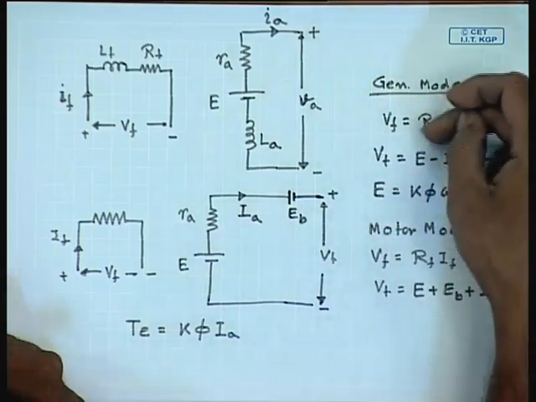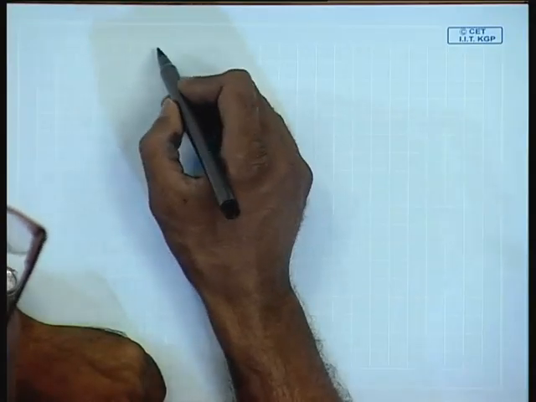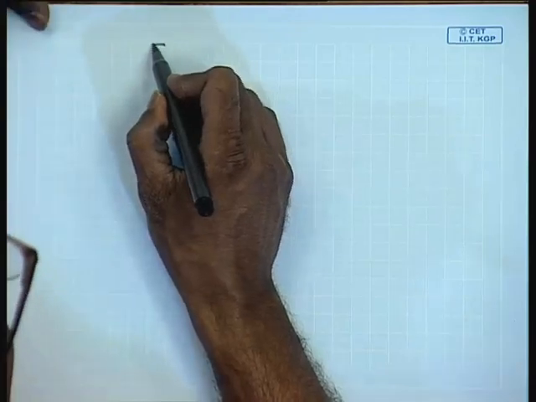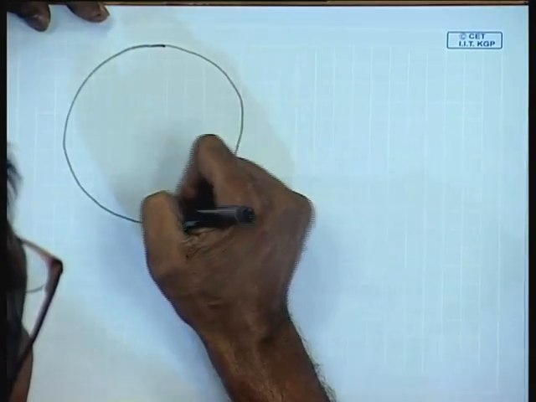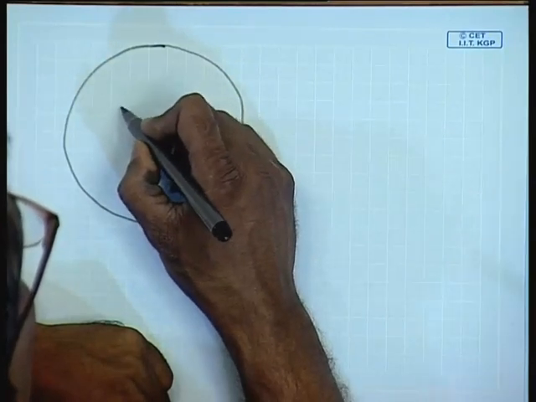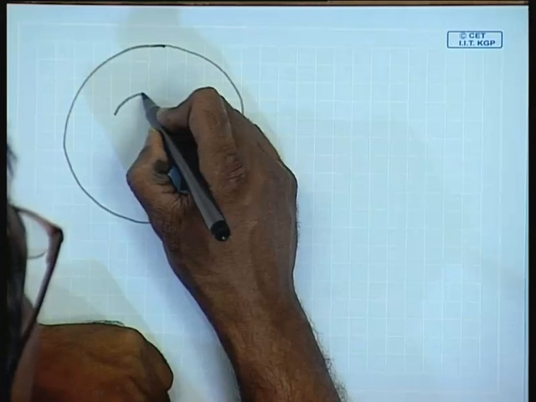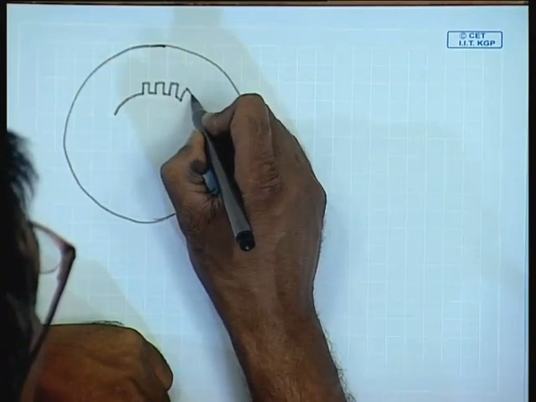Now, we can see that these are simple linear algebraic equations except the relationship between IF and phi f. This relationship is not normally linear because of magnetic saturation of the DC machine. The DC machine magnetic circuit can be drawn in a simplified way as given below. This is the armature which has slots and teeth on them.